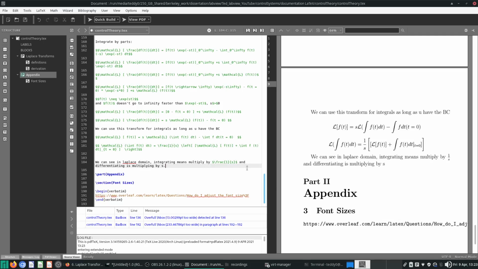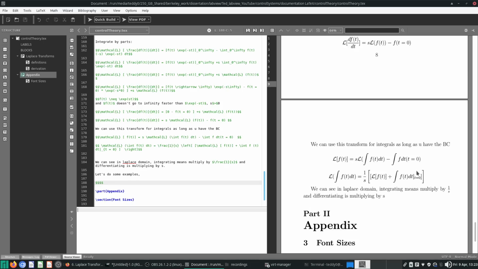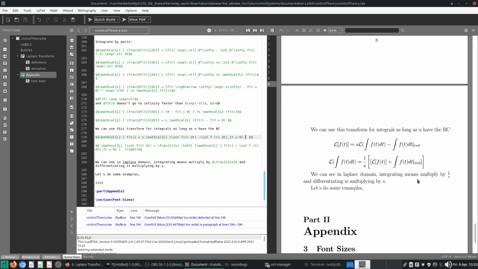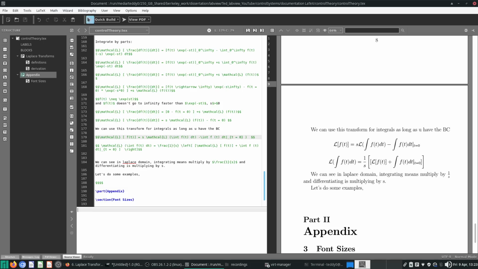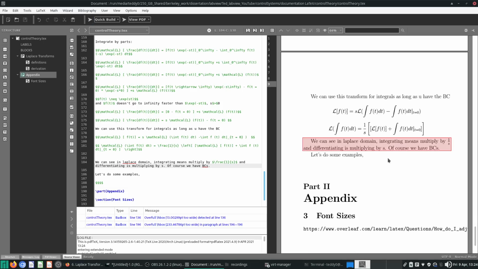So let's do some examples. Now I think the notation is more or less correct. I'll put in an extra bracket at the end, then it's fine. Of course we have boundary conditions.